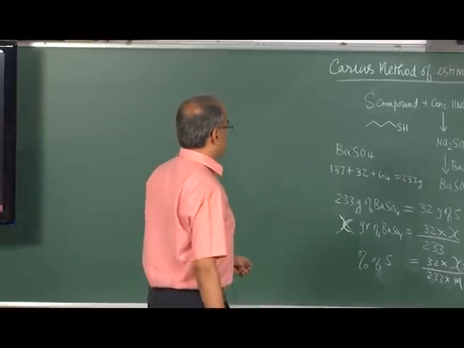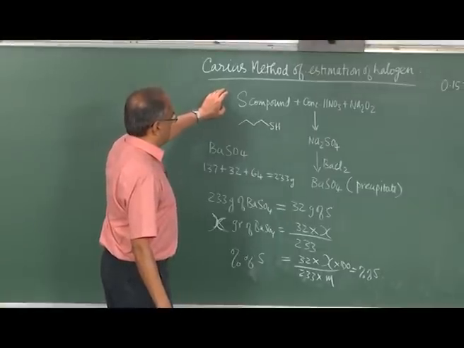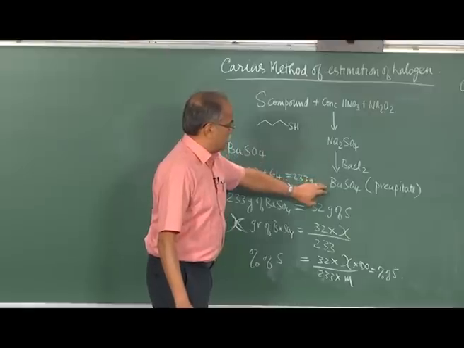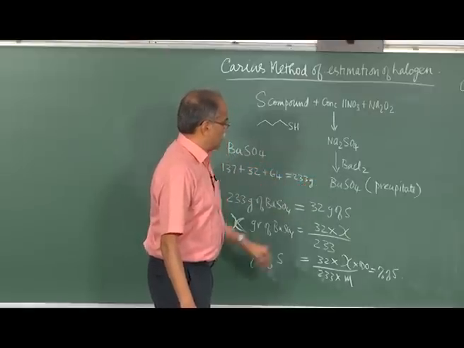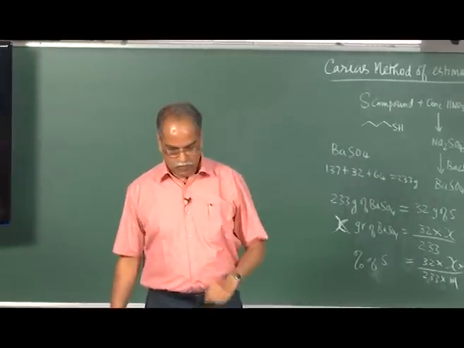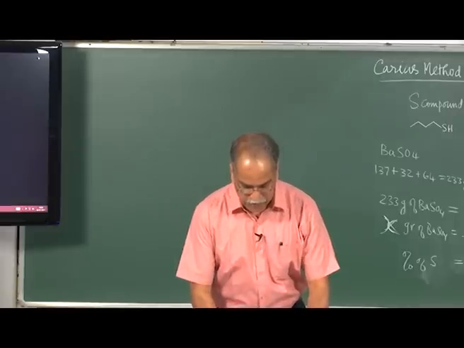Similarly, for sulfur, it is estimation of sulfur using the conversion of the sulfur compound into sodium sulfate and finally to barium sulfate, which is a precipitate. From the amount of barium sulfate precipitate that is obtained, one can estimate the amount of sulfur that is present in the organic compound. With this, we conclude this lecture.